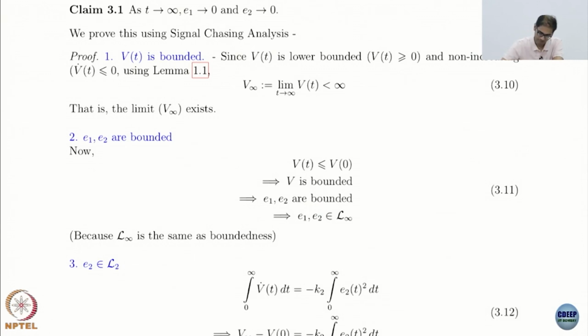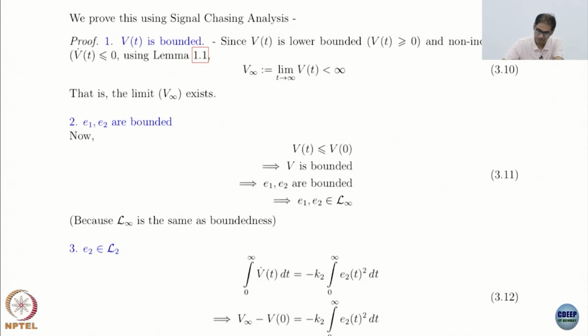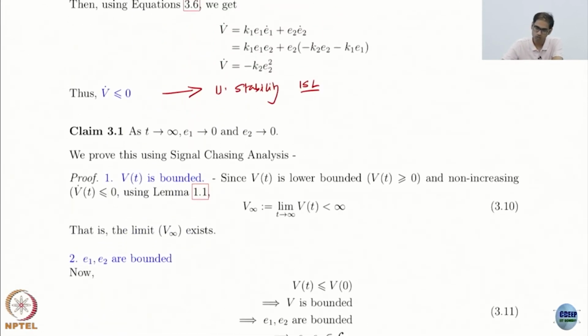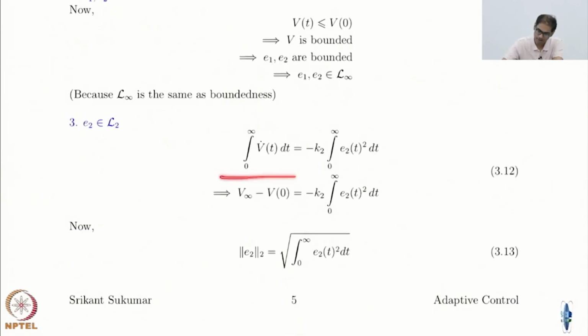Alright, great. Step 3, E2 belongs to L2. How do I do that? Whatever appears in the V dot, I integrate both sides of this equation from 0 to infinity. What do I get? This.